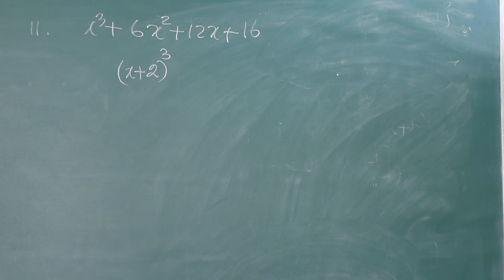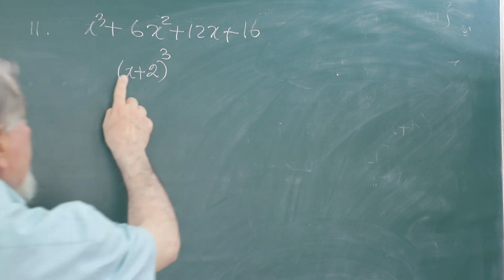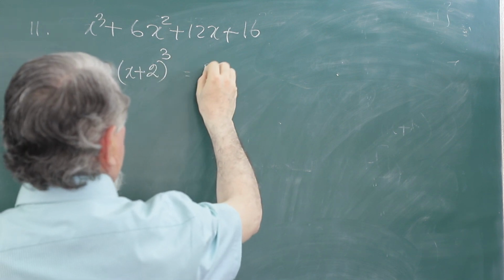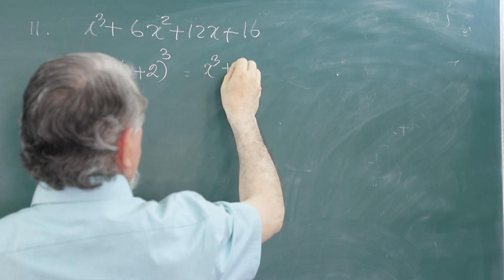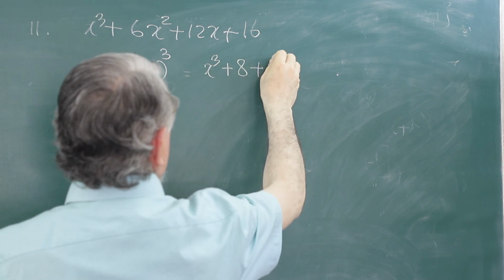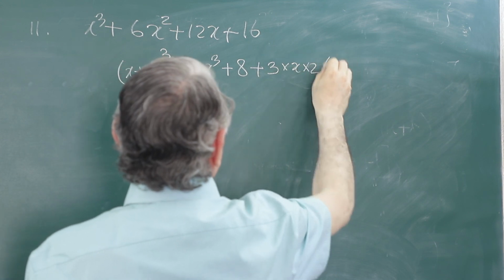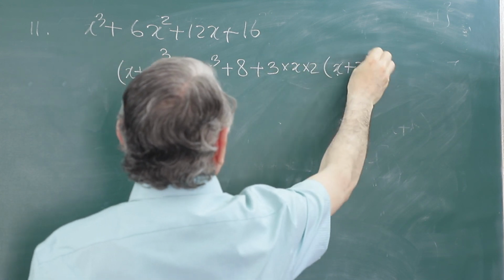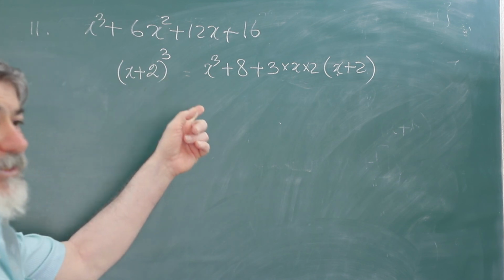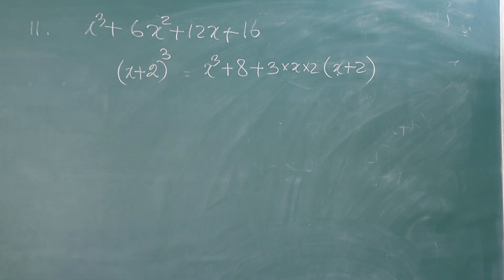A cube plus b cube plus 3ab into a plus b. It will be how much? A cube plus b cube plus 3 into x into 2 into x plus 2. This is not factorization, this is expansion. I am trying to expand a plus b whole cube.